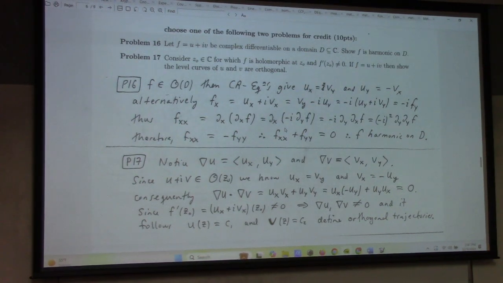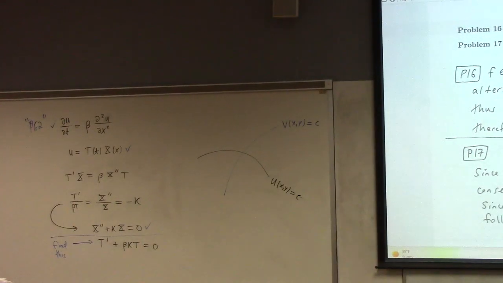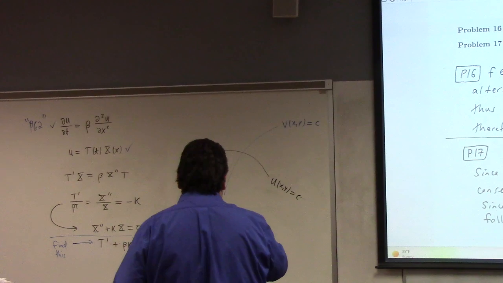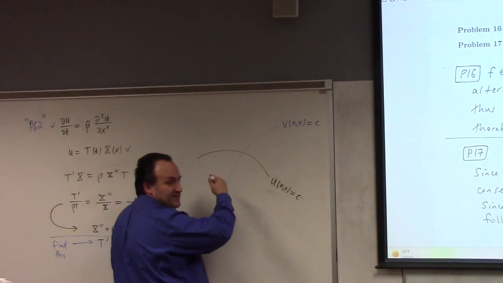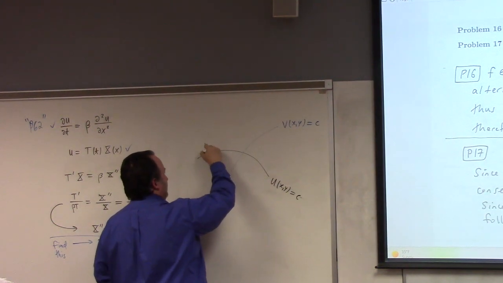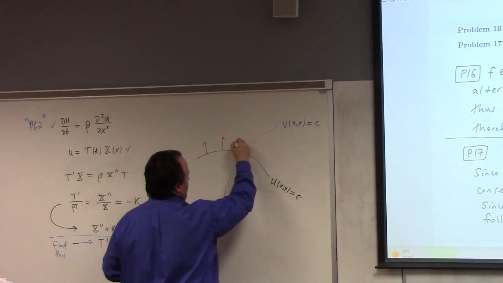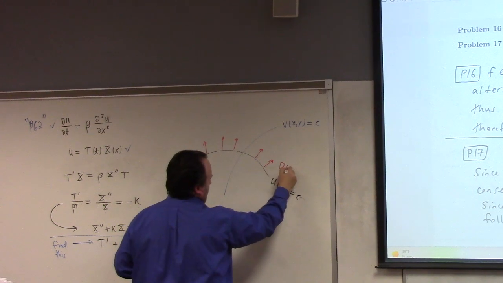What do they look like? They have to be perpendicular. Yes, but what do the gradient vector fields look like to these curves? It depends on which direction u is increasing, but suppose u is increasing that way, then the gradient vector fields are perpendicular. So this is a picture of grad u.